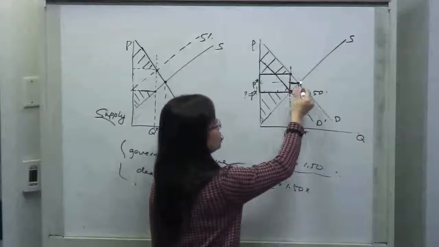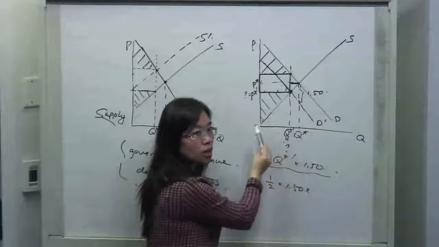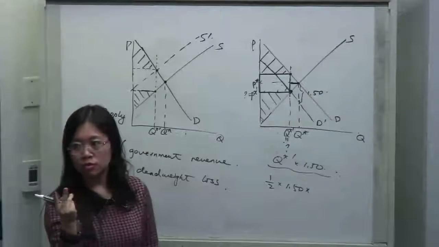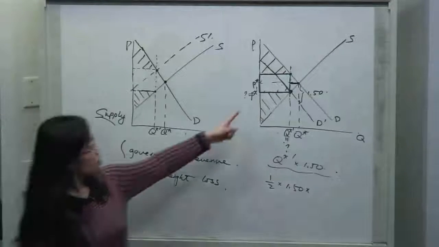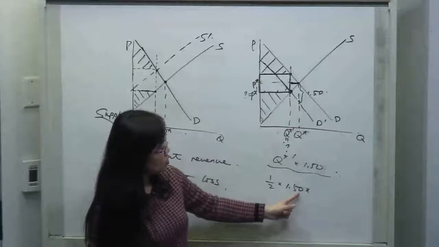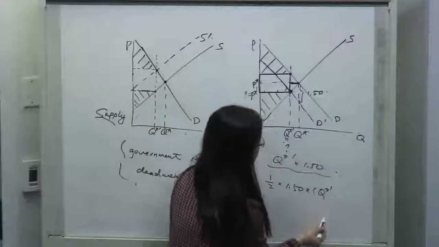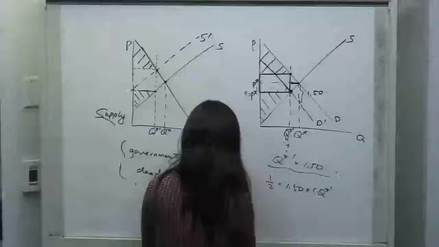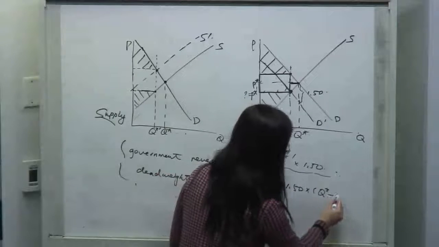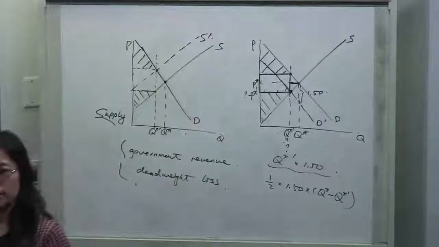What is here, from here to here? It's the difference of the two quantities. You guys see that? So half multiply this and multiply the height. Once you have two quantities, and this is Q star minus Q star prime, the difference of the two quantities.